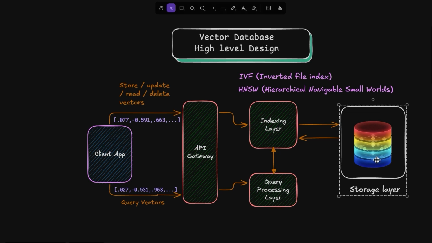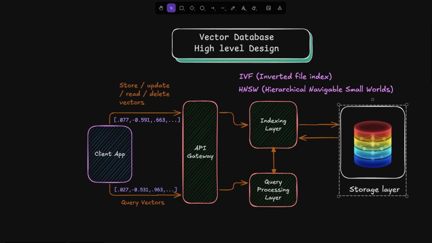So this layer can be replicated for fault tolerance, and partitioning can also be done if you want to scale. These are fundamental techniques that you would find in any database, and they are also available inside any vector database that you would want to use for production-grade solutions. So that's the responsibility of the storage layer.